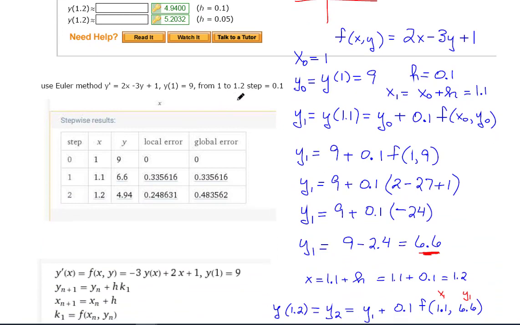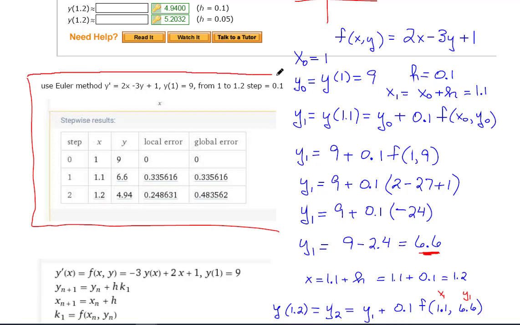All right, so I've done it two ways. One way is by using Wolfram Alpha. You can type in use Euler method, put in your differential equation, initial condition from where we're starting to where we'd like to end up, and you tell it the step size.